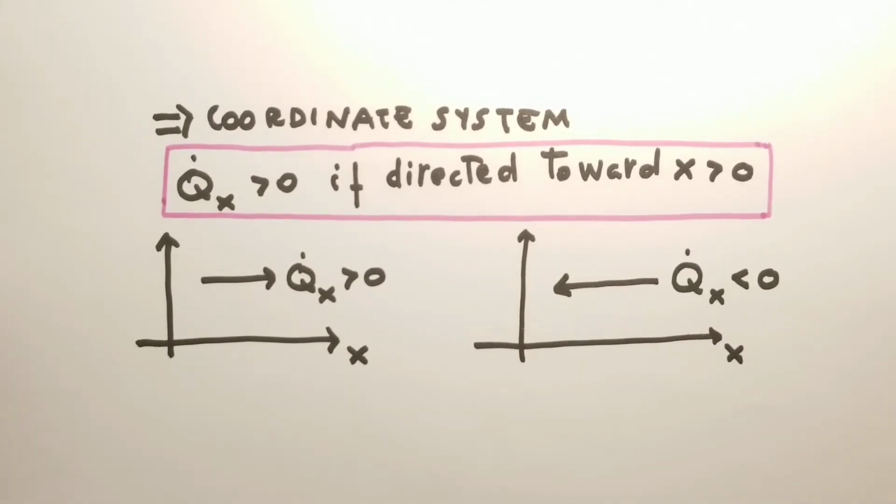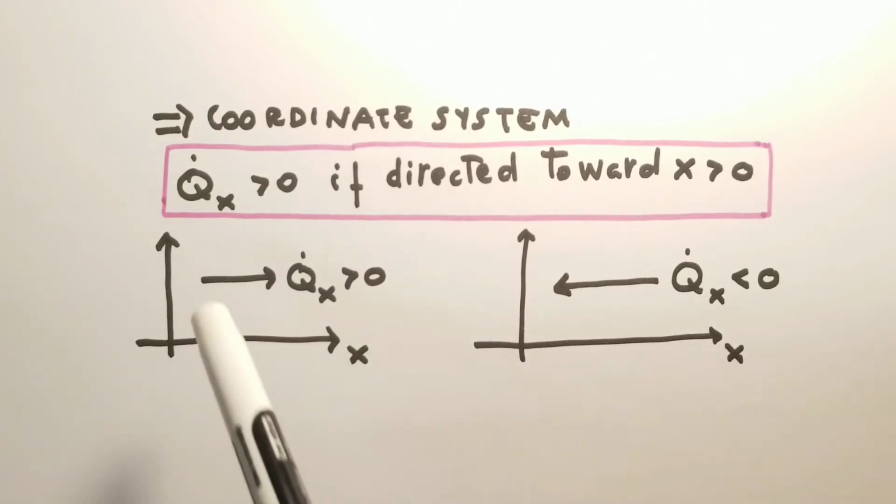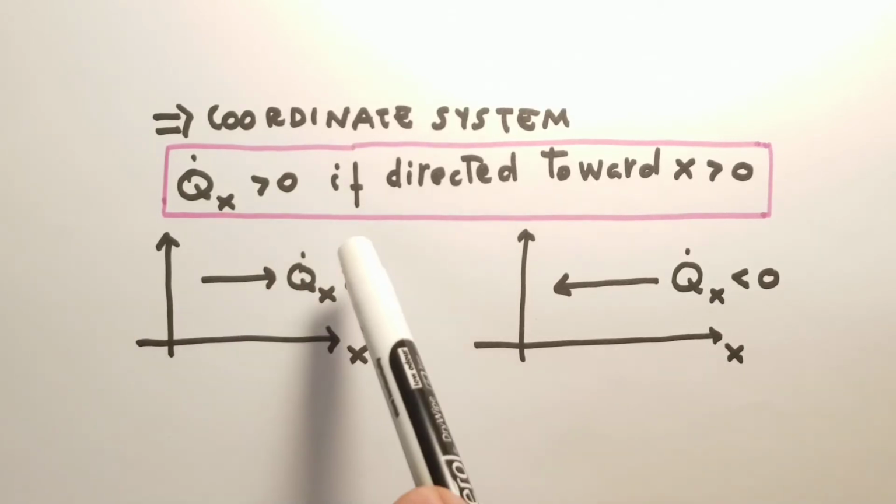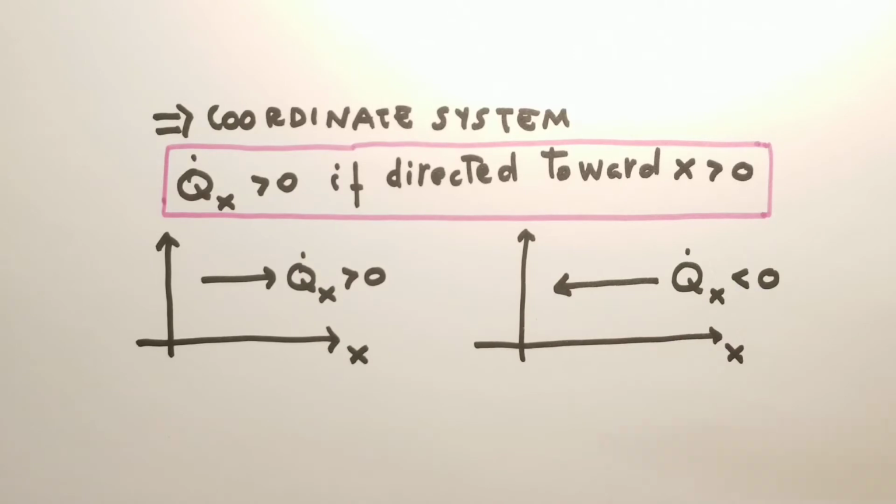So once we have defined a coordinate system, we have defined a coordinate x that, for example, in these cases runs from left to right. We note that the heat transfer Qx is positive if it's directed toward the x growing.